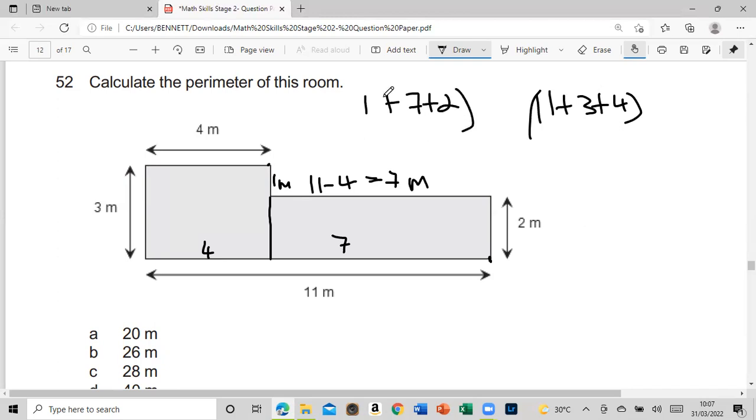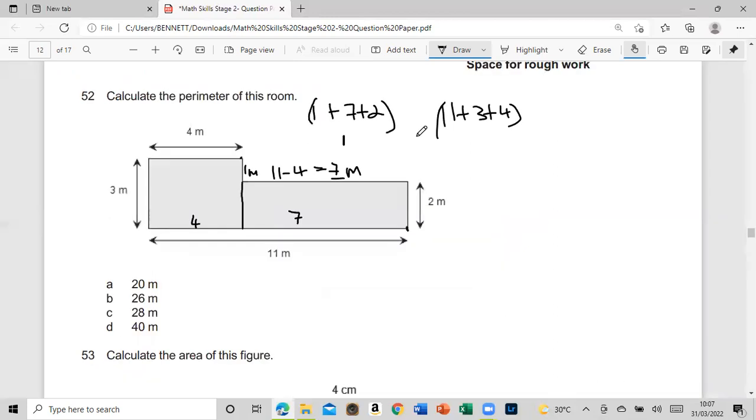Total them there. So check how many numbers. So this is 1, 2, 3, 4, 5, 6. Alright. So 7 and 1 is 8, and 2 is 10. 10, 11 and that, 13, 17. So 11 and 3, 14, and that 8.